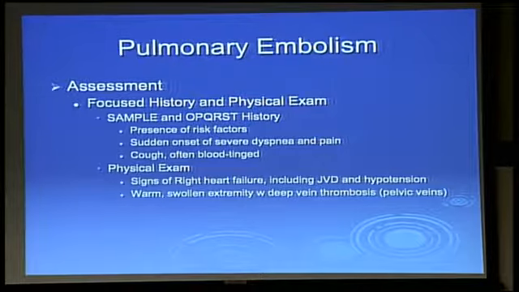In significant PE, you can have signs of right heart failure. Just as people with COPD develop cor pulmonale over time, because over years the right heart has additional work to do pushing against the increased airspace in the lungs, with PE you're developing sudden right heart strain.